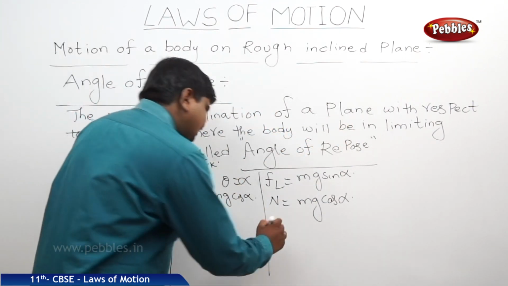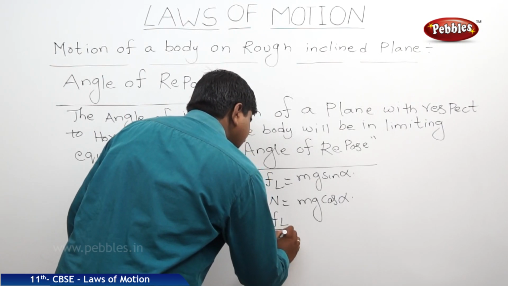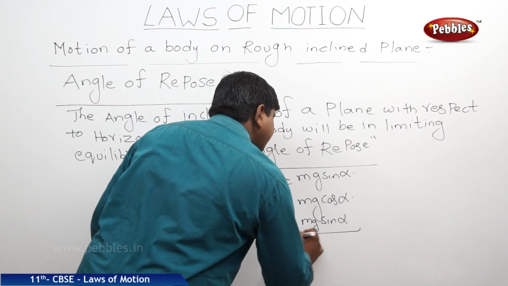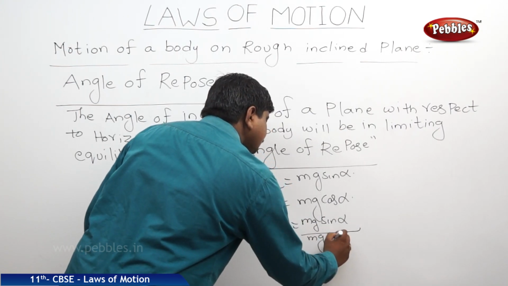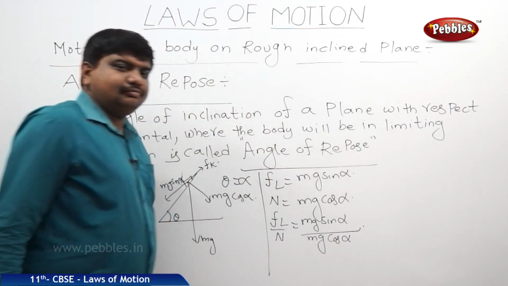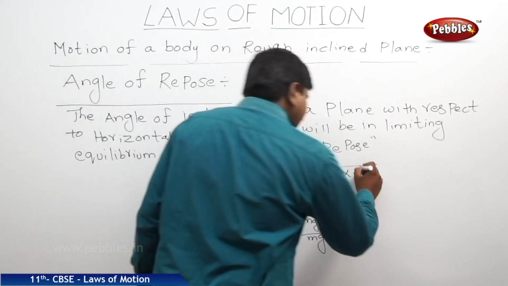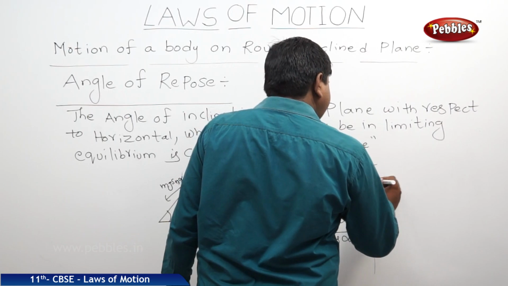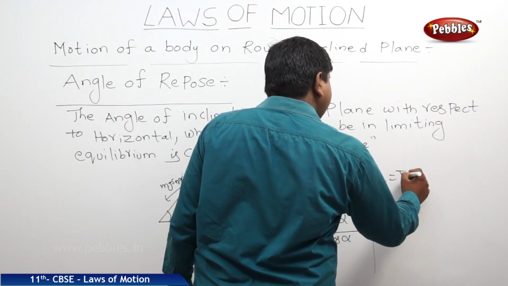So Fl by n is equal to mg sin alpha by mg cos alpha. So mg gets cancelled.